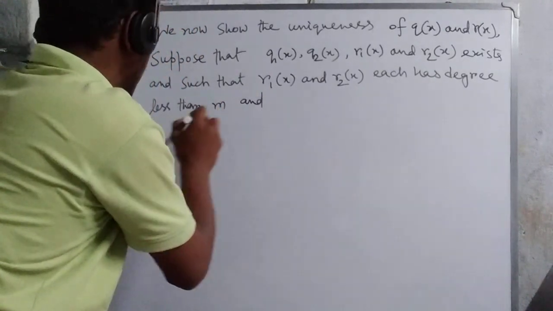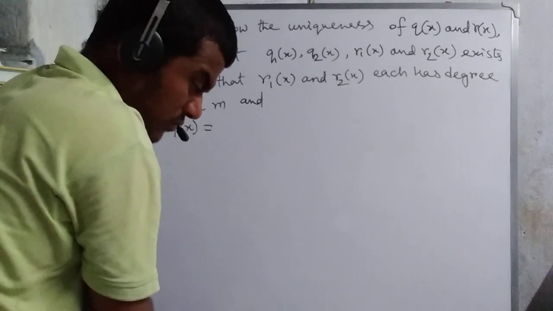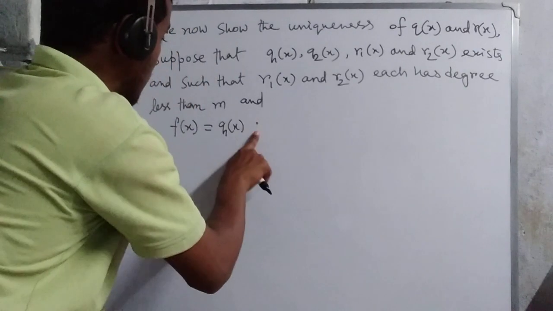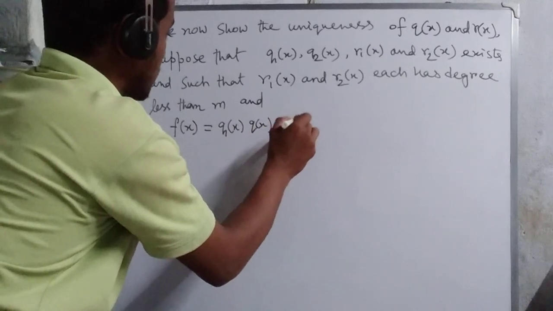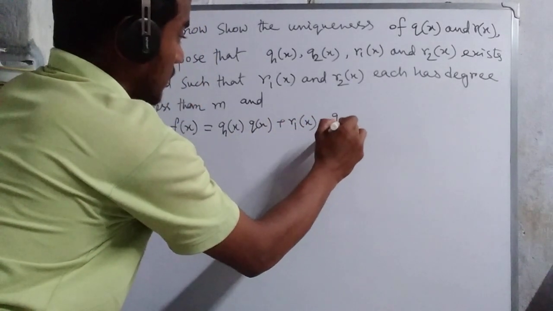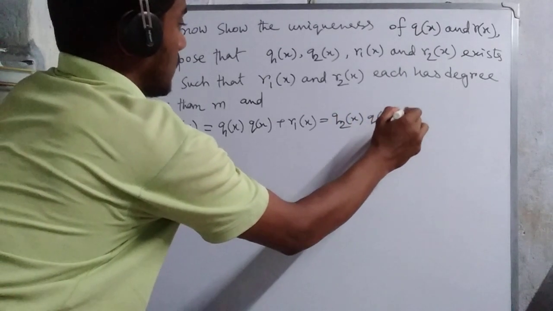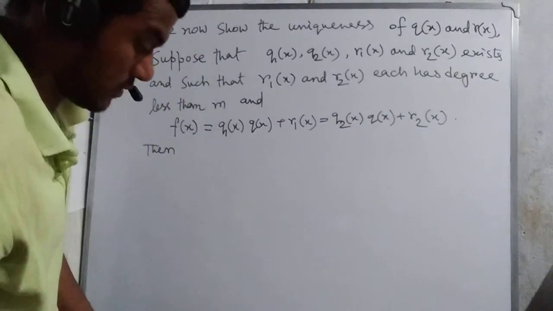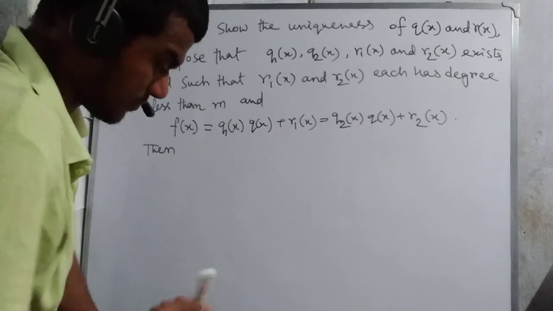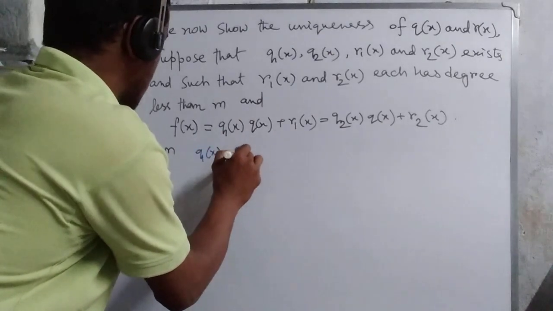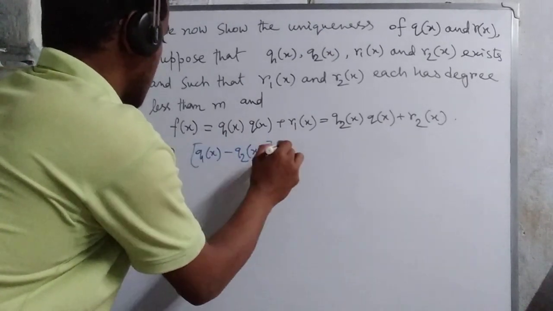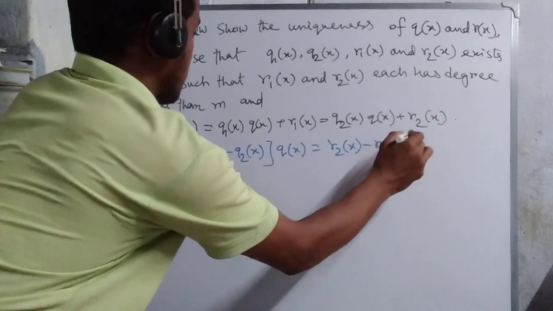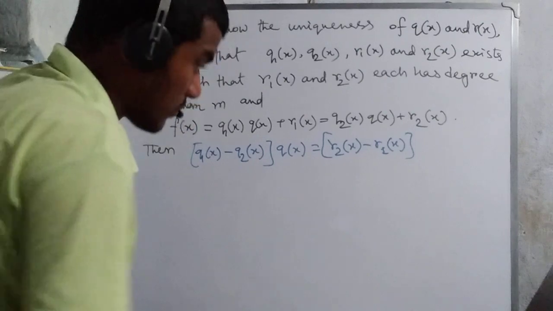and f(x) equal to q1(x) g(x) plus r1(x) equal to q2(x) g(x) plus r2(x). Then we write here (q1(x) minus q2(x)) g(x) equal to r2(x) minus r1(x), marked as 4.